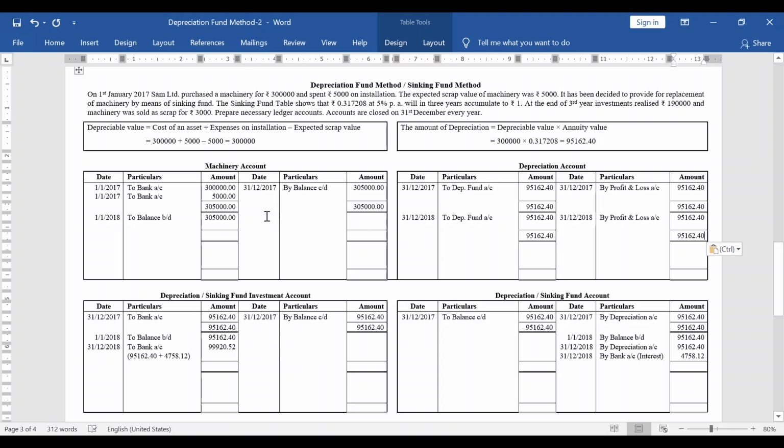Now when machinery account is closed for the year ending 31st of December 2018, machinery account shows a debit balance of rupees 3,05,000.